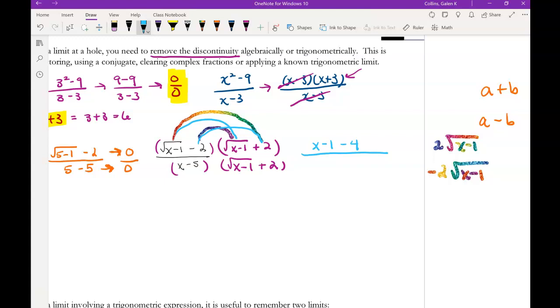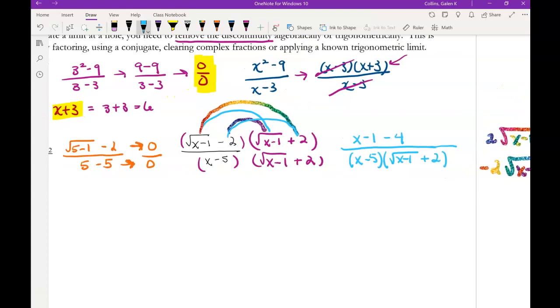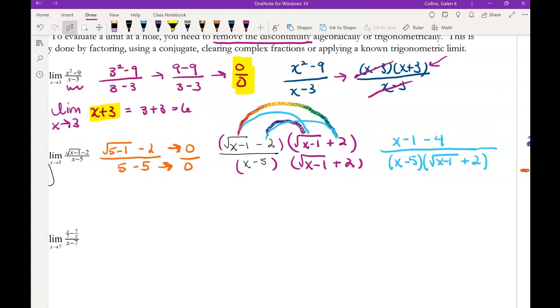In our denominator, let's not actually distribute. Let's just write our denominator as a product of these two factors. So our original denominator times the conjugate of the numerator. Here's why. These problems are usually kind of contrived in a certain way to get an expected mathematical outcome.